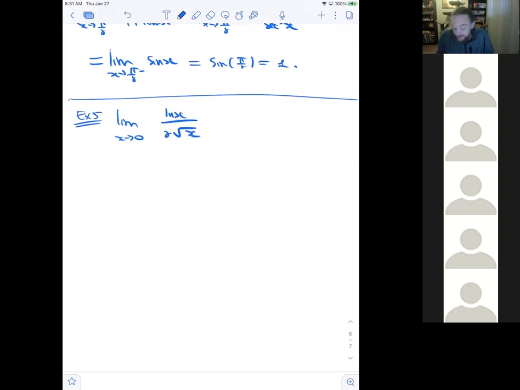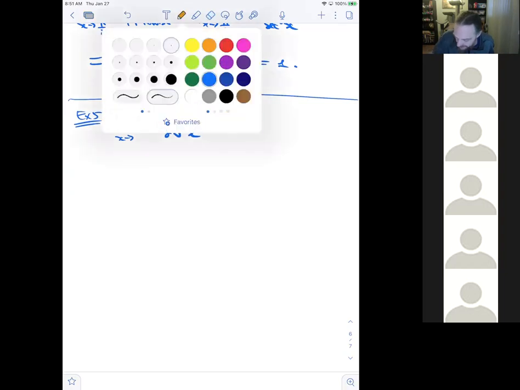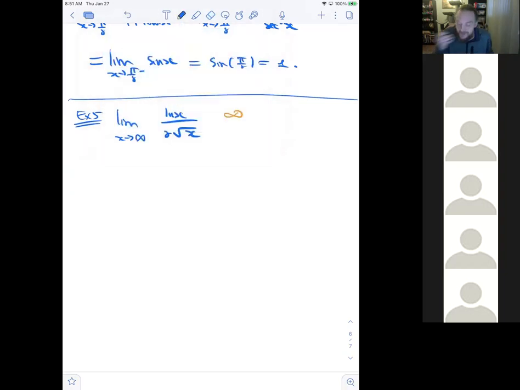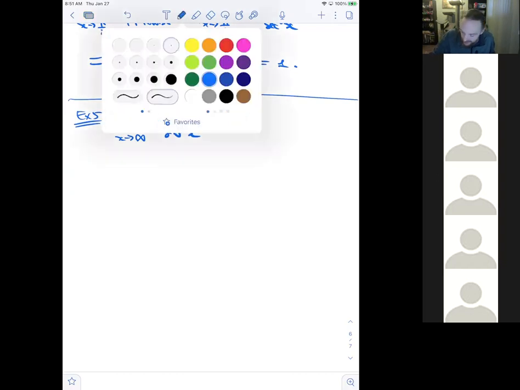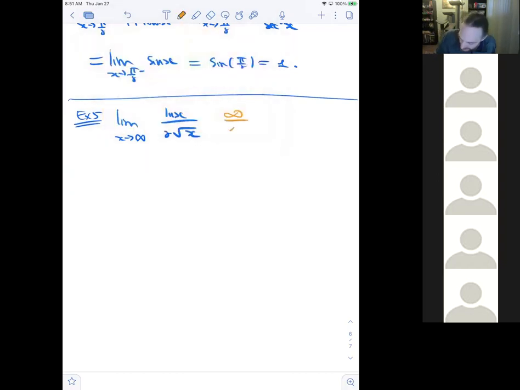We know that log x goes to infinity as x goes to infinity, and 2 root x goes to infinity as well. So this is infinity over infinity type.